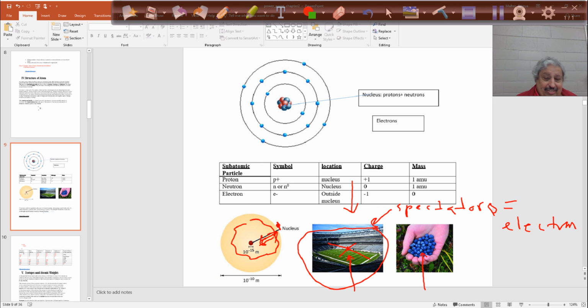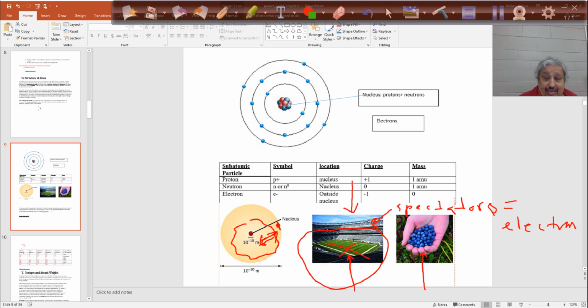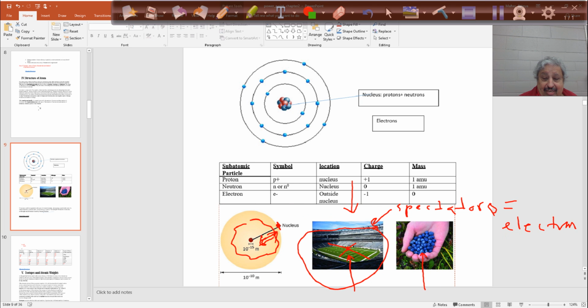He brought to us a very nice picture of how you can visualize it. So as I said, the spectators are electrons surrounding the middle line, and in the middle line a mosquito is sitting.